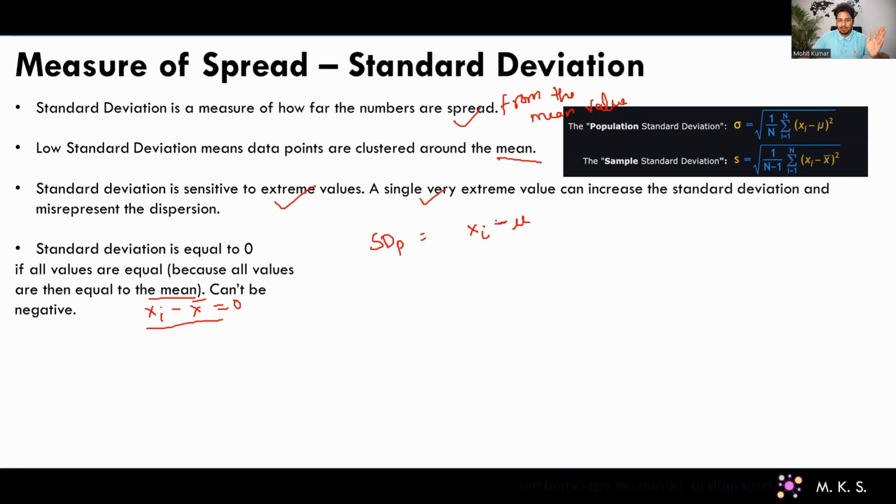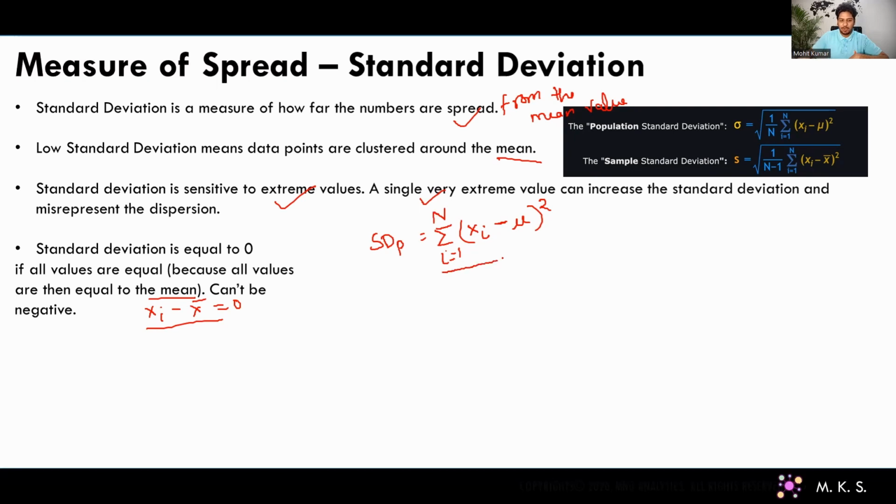So every value will be represented here in the form of xi minus mu. Now you will do the square of this. Why we are doing the square? I'll explain that. Now, after that, you will have to perform this operation, xi minus mu squared, for all the values. Your values lie from 1 to the number of observations in your population, that is capital N.